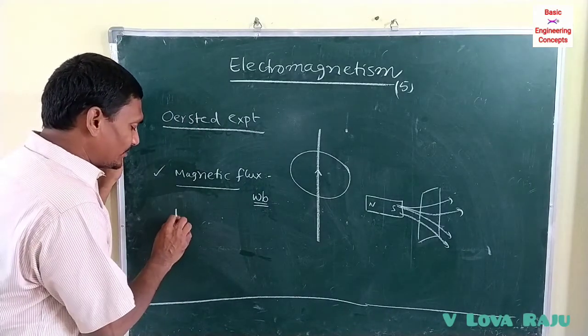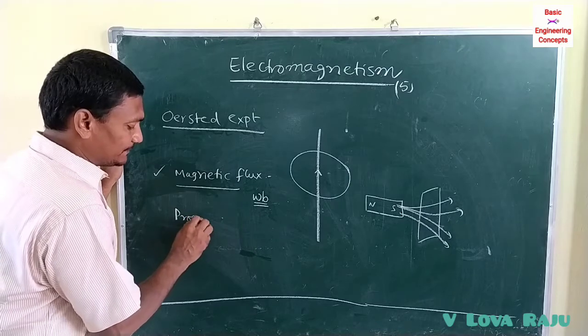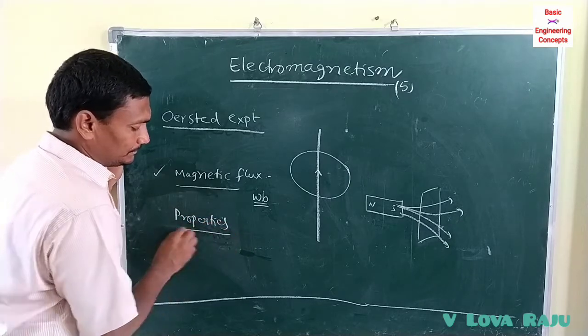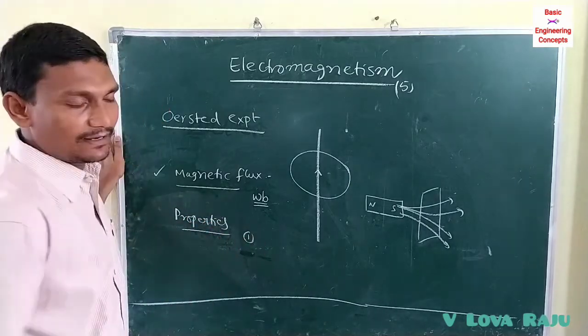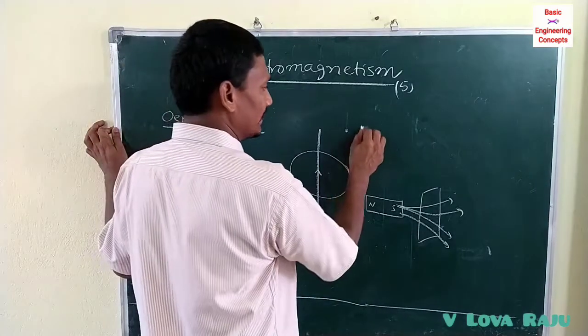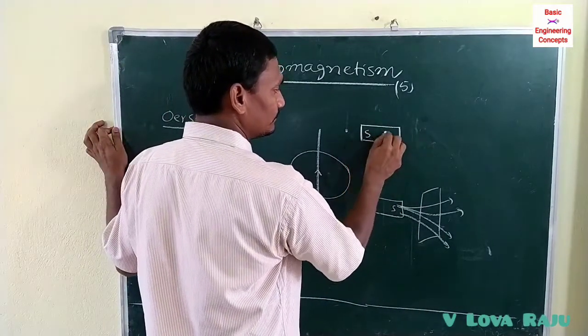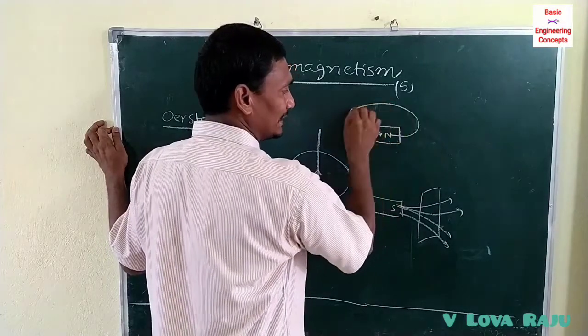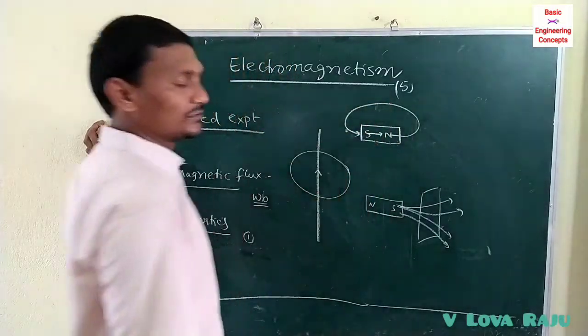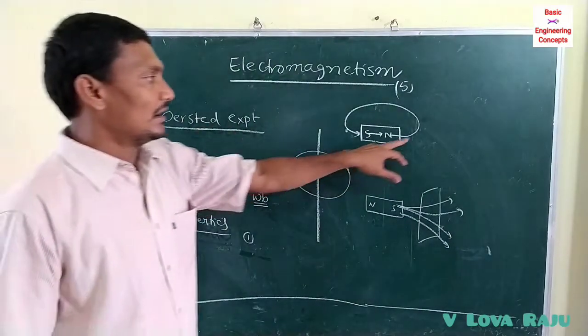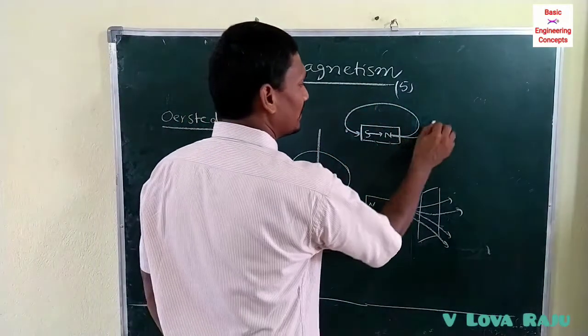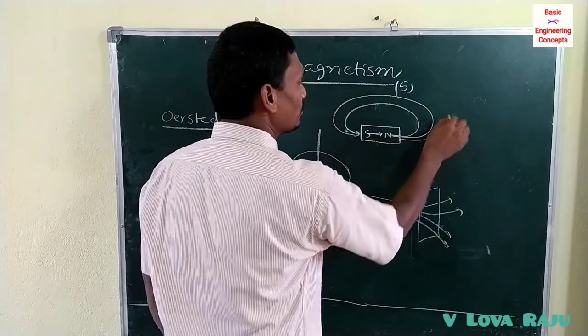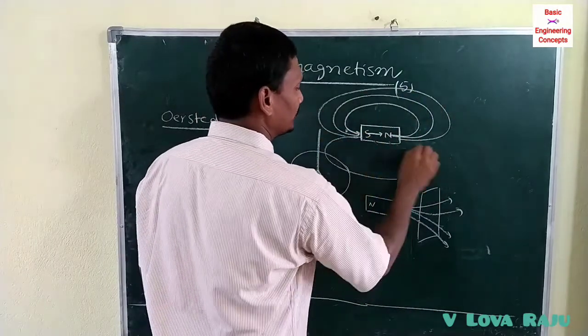What are the characteristics or properties of magnetic field lines? All magnetic field lines form closed loops, like this.